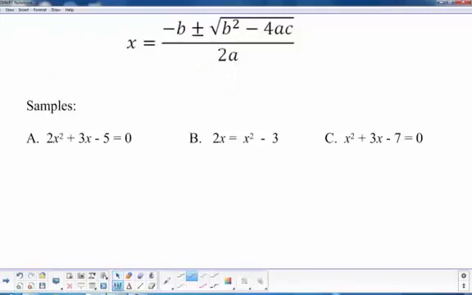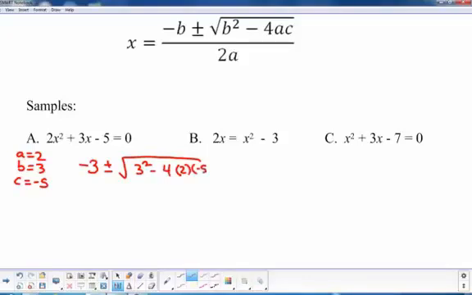So our first equation, we have everything on one side. A is equal to 2, B is equal to 3, and C is equal to negative 5. So negative b plus or minus square root b squared minus 4ac divided by 2a. And then we start to simplify.